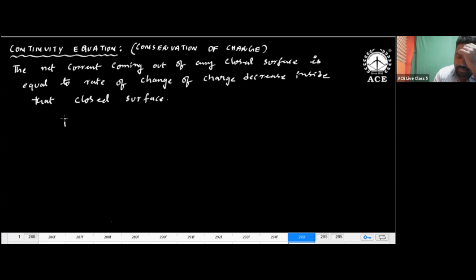That is, I net is equal to minus d by dt of charge inside.